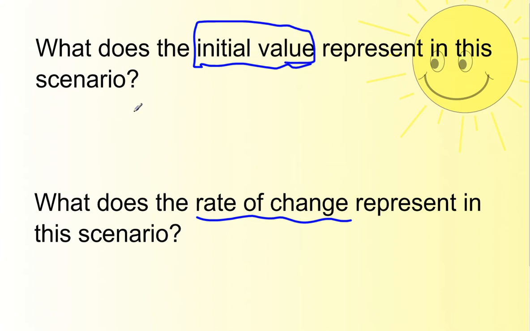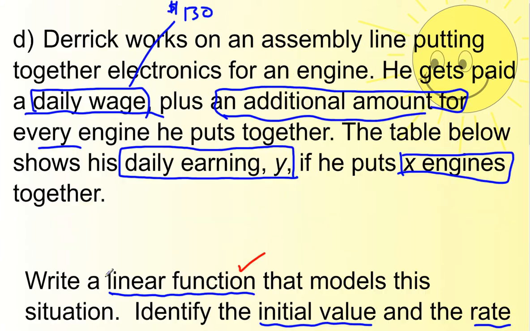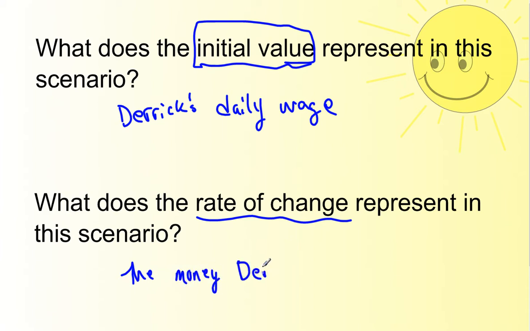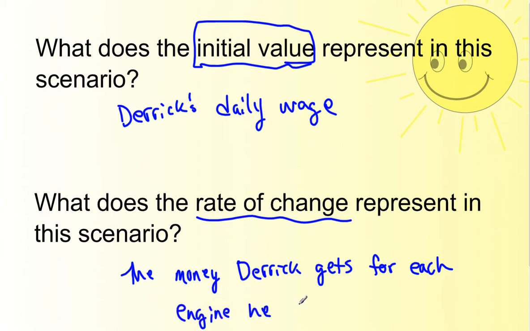So the initial value was his daily wage. Derek's daily wage. And then the rate of change is the amount of money Derek gets for each engine he puts together.